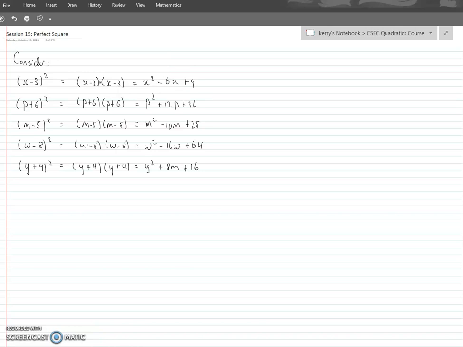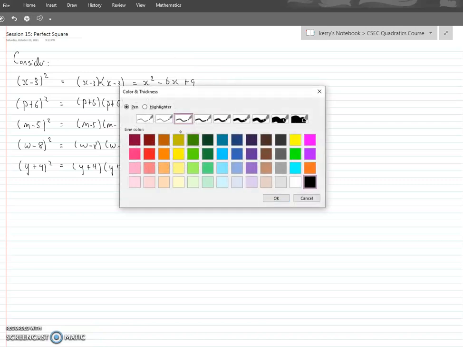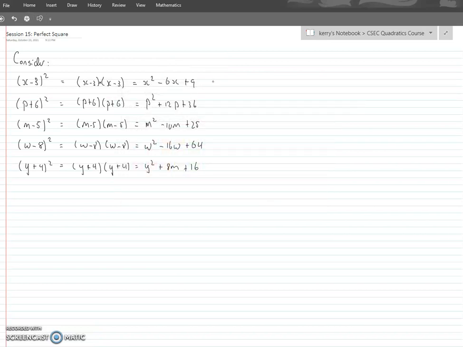But we want to try and figure out something special about this here. So let's look at these numbers. I'm going to put this in a different color. Let's look at the middle number and relate it to c. We want to see if b, because remember this is ax squared plus bx plus c, has a relationship to c. So we're looking at 6 and we're looking at this 9 here.